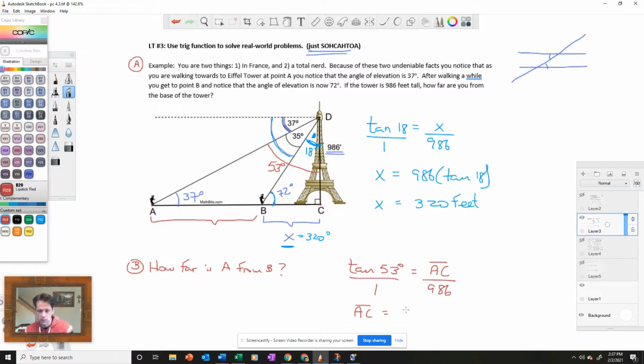All right, that is 1,308 feet. So if the question was, how far is A from B, you could actually do that. All you would need to do at this point is say that the distance from BC is going to equal 1308 minus 320, so 988 feet. So that's how far that would be.